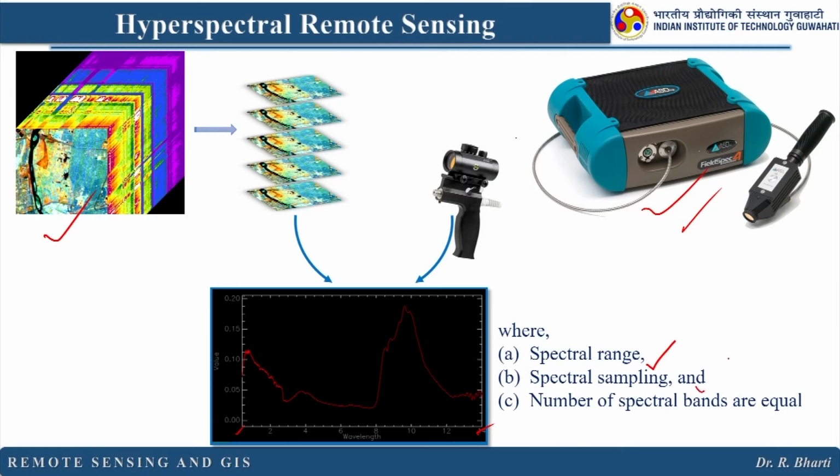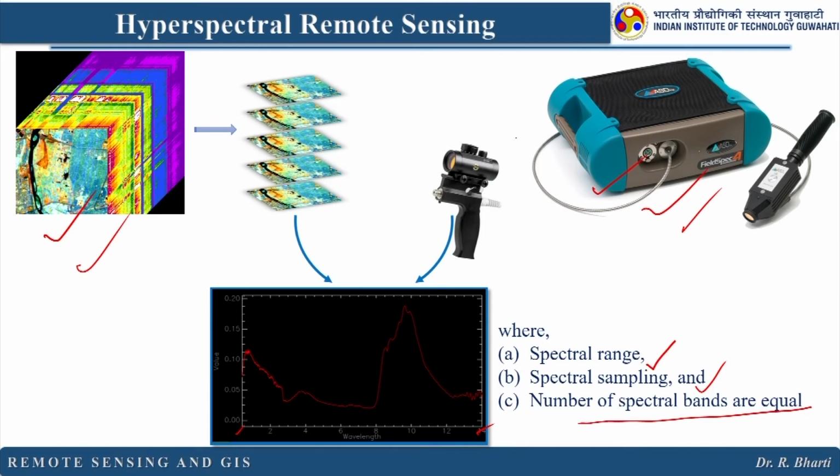Then spectral sampling, how many times it is going to acquire the samples and what is the bandwidth, right. So, that spectral resolution you need to be very careful about, then only this measurement can be used with space measured data. Then number of spectral bands are equal.